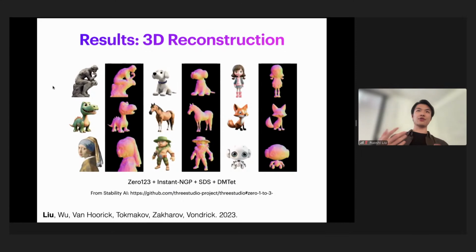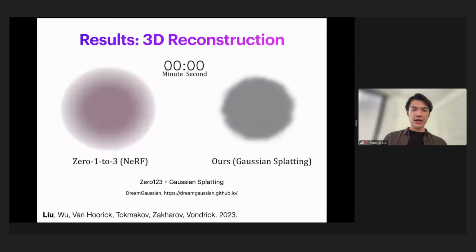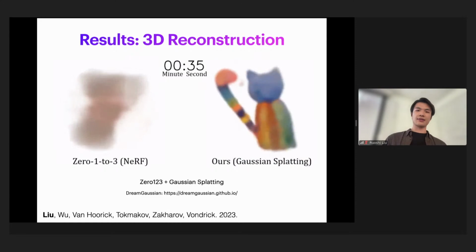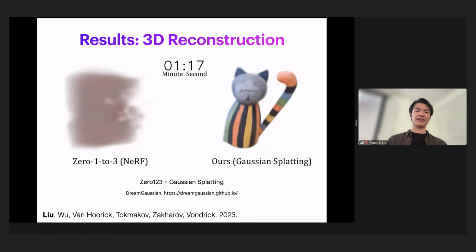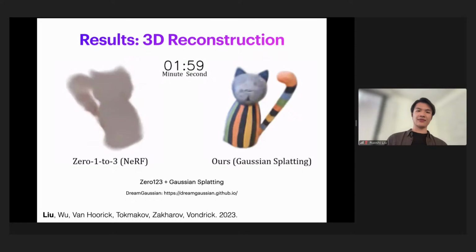You could also turn it into a watertight mesh, so you could create an asset that's directly usable for relighting and different purposes. There's also a recent work, released less than a month ago, that uses Gaussian splatting instead of NeRF in this optimization framework, and they show that it's at least 10 times faster than our original reconstruction from a single image.